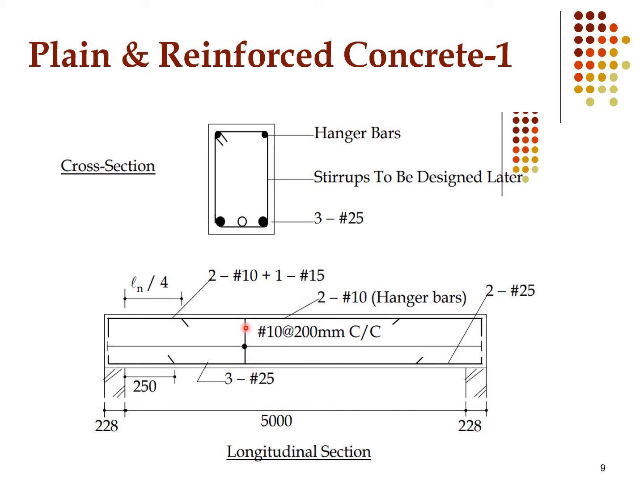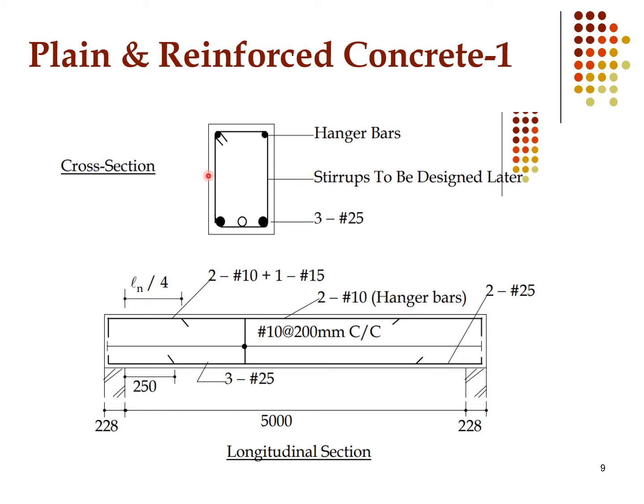These shear stirrups, which are vertical, we will design later, but for the time being we can assume that it is number 10 at the rate of 200 millimeters center to center, meaning each stirrup is 200 millimeter apart. We did not design that, but later on we will design it. For the time being we will just put it. We design this bar, actually this tension bar.